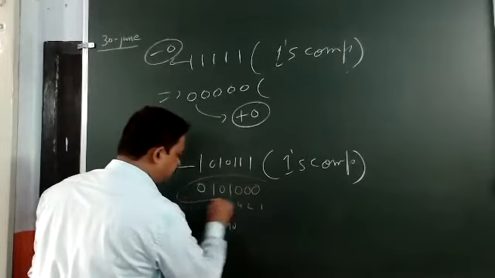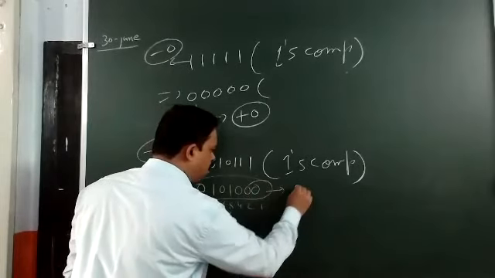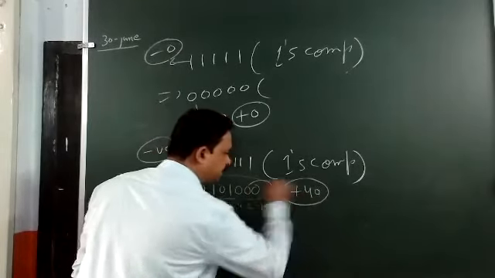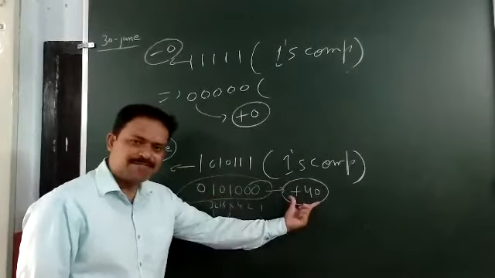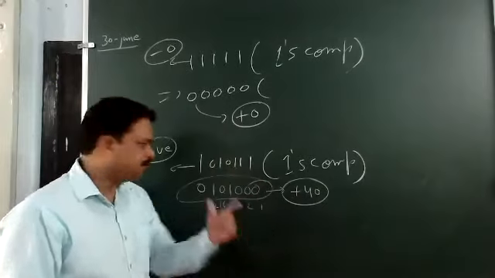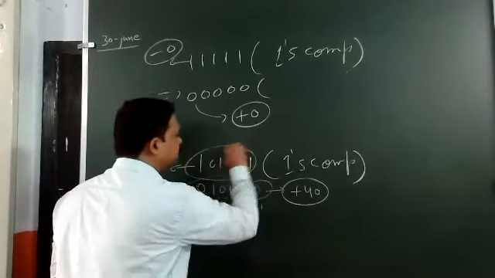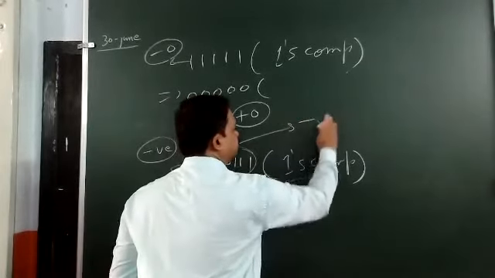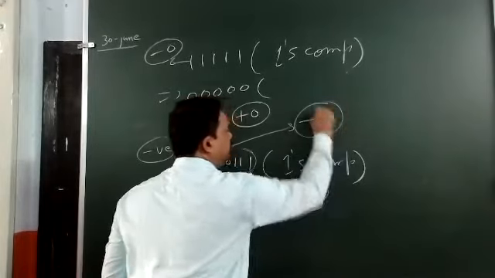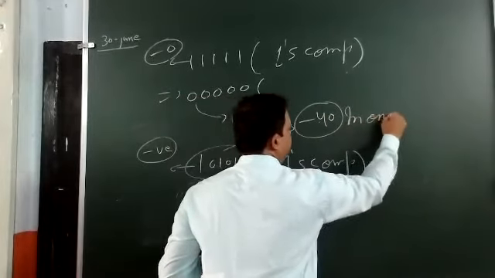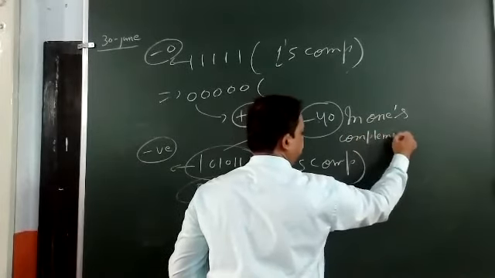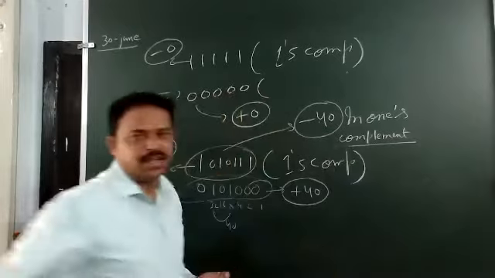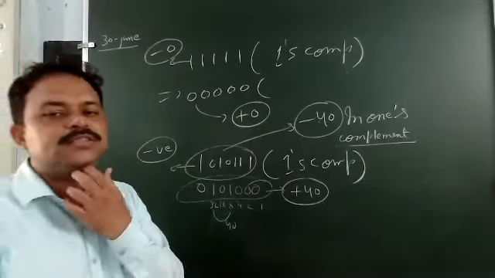So this is the binary representation of plus 40. Sure and certain, this value is nothing but minus 40 in one's complement.